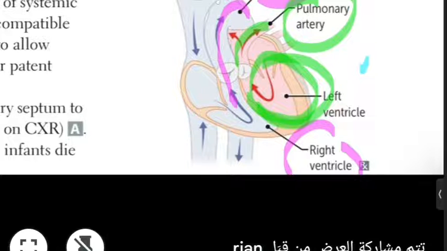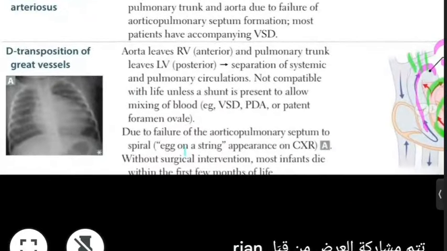Imagine that this aorta that carries blood to all the body carries deoxygenated blood. Okay? So here, the aorta leaves the right ventricle and the pulmonary artery leaves the left ventricle.